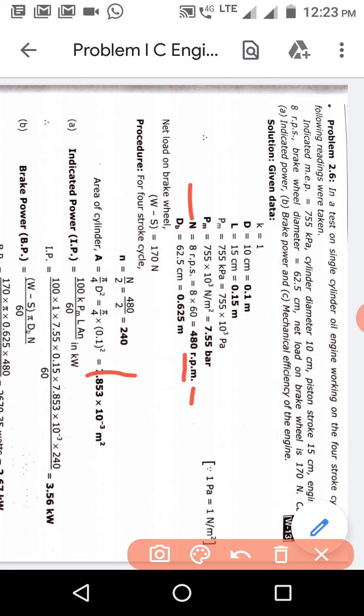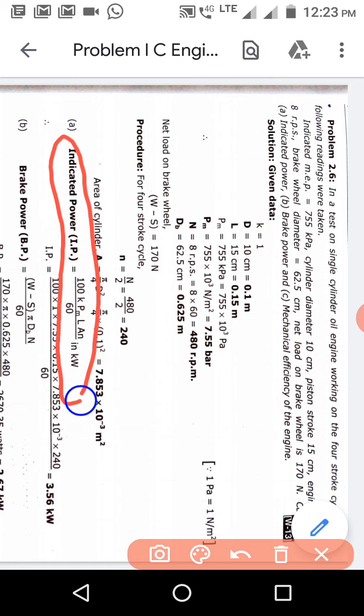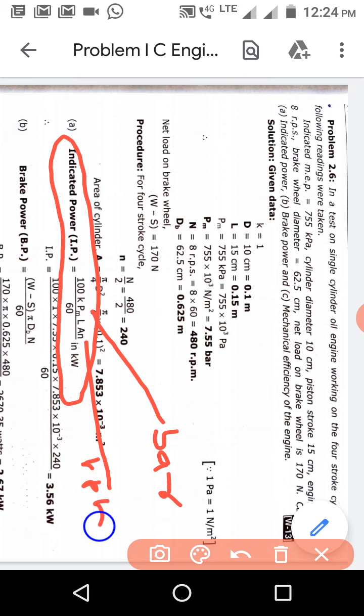Whatever formula we are using, in this formula for indicated power, this Pm is in bar, and this n, small n, number of working strokes, is in revolution per minute.